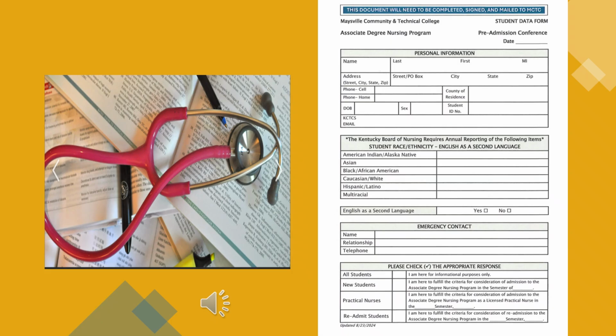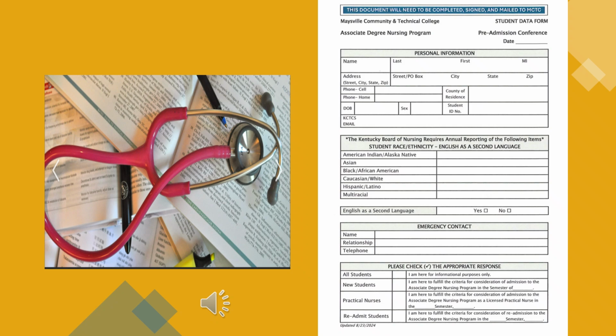This form in your packet is the student data form. So it has your personal information, and one of the things that we do ask about is whether English is your second language, and then your race and ethnicity. We need this for our KBN benchmark reporting, so please fill that out for sure. We also need to make sure that you have a good phone number and a good KCTCS email.